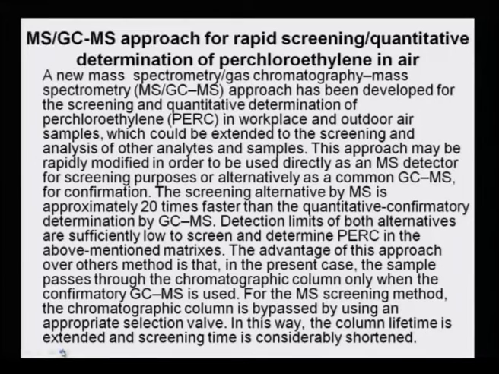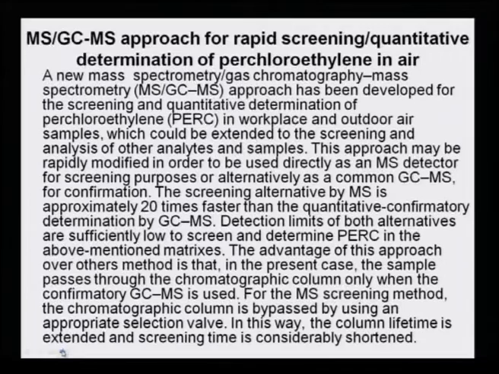When we write it with this slash sign, it means that two machines have been combined. The approach has been developed for the screening and quantitative determination of perchloroethylene, that is PERC, in workplace outdoor air samples, which could be extended to the screening of analysis of other analytes and other samples also.